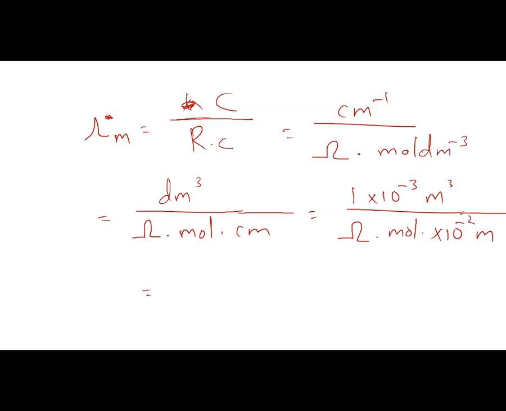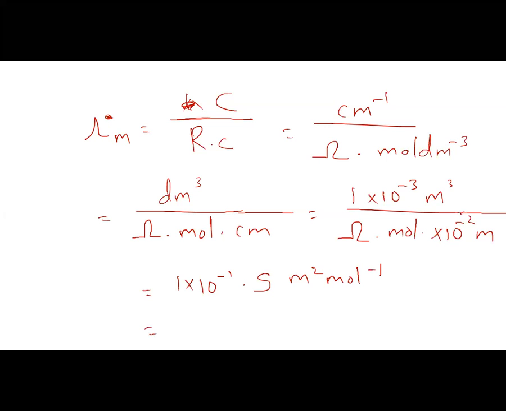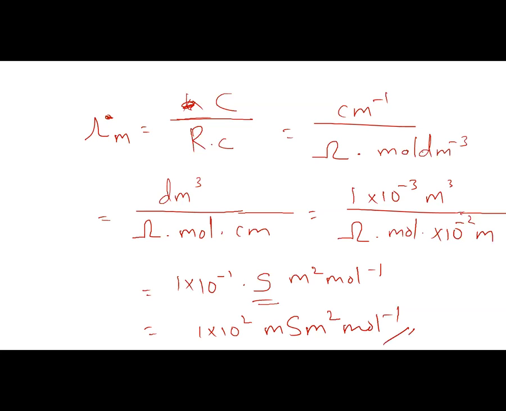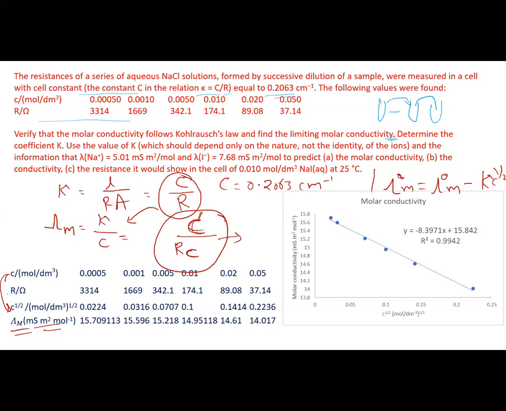Again, solving the math, we should get 1 times 10 power negative 1. 1 over ohm is Siemens by definition, so it's Siemens meter square per mole, and I converted Siemens to millisiemens so that it's 1 times 10 power 2 millisiemens meter square per mole. So that's how I got the units for the molar conductivity.